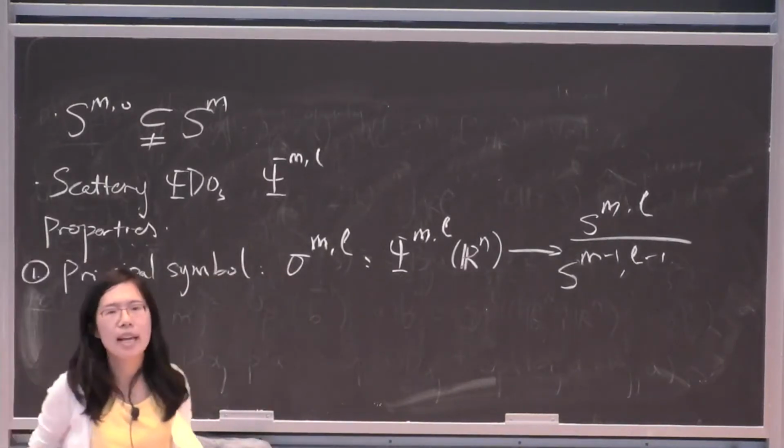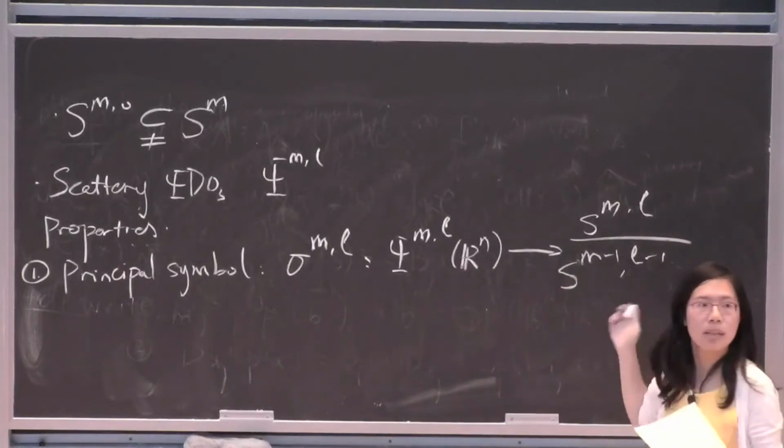That's why the next order down is already m minus 1 and l minus 1.